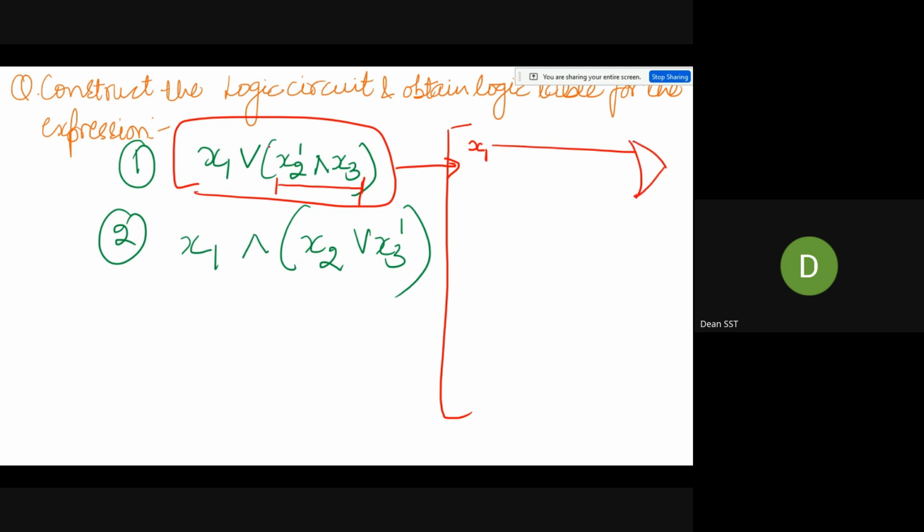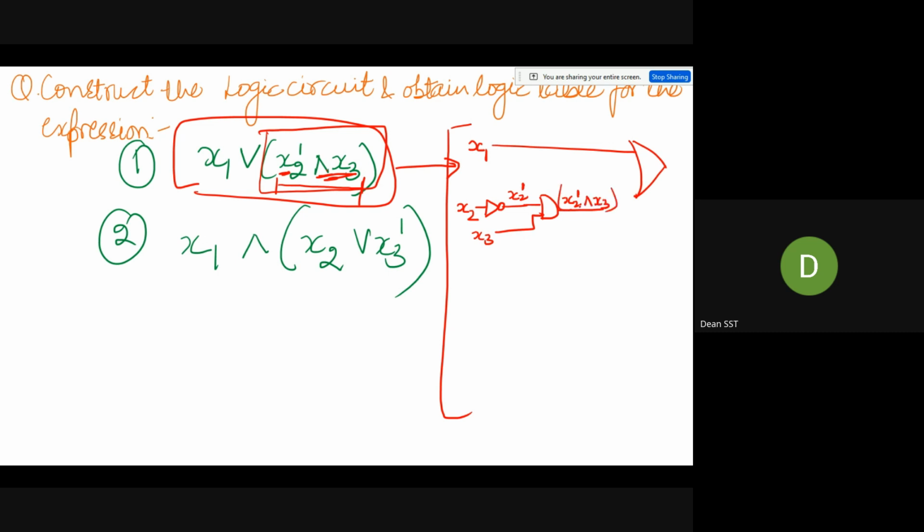Or, now ORing will be done with this. For this we need X2 bar, so X2 goes through a NOT gate, and here we have X2 bar and X3. So X3. This is X2 bar and X3.